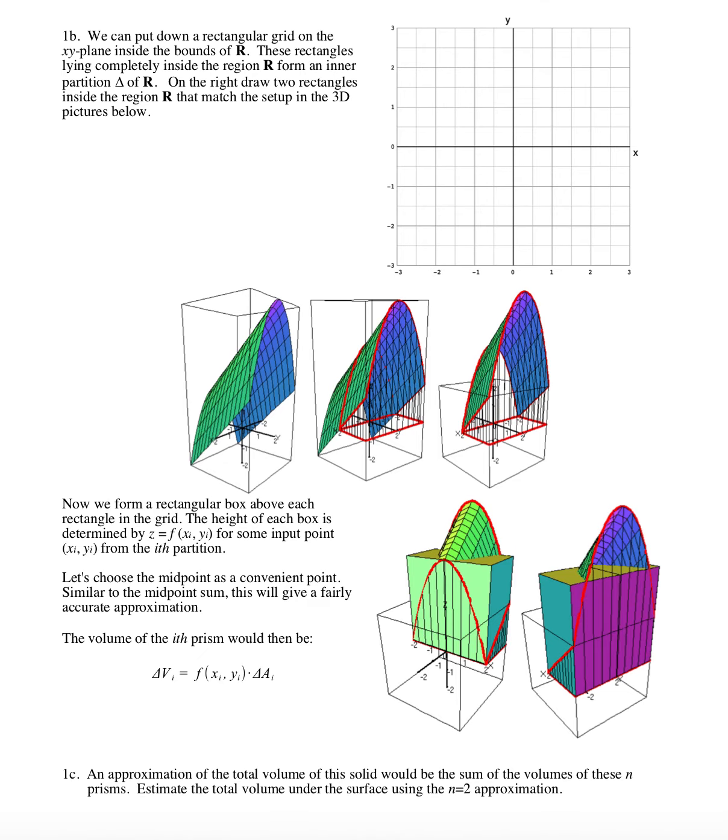So now what we can do is put down a rectangular grid on the xy plane showing the bounds of the region R. We said we wanted to go from x of negative 2 to x of positive 2. We also want to go from a y of 0 to a y of 2.